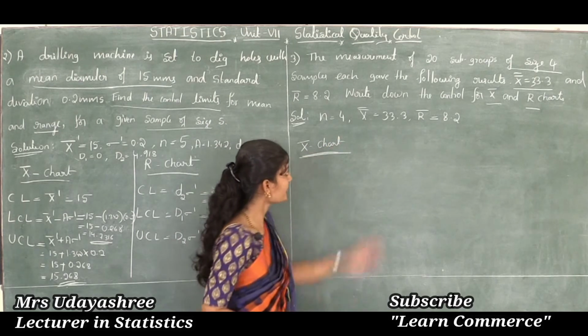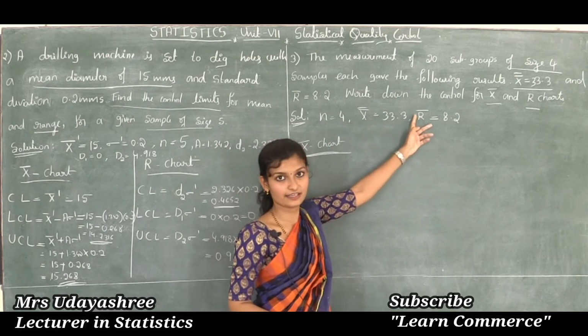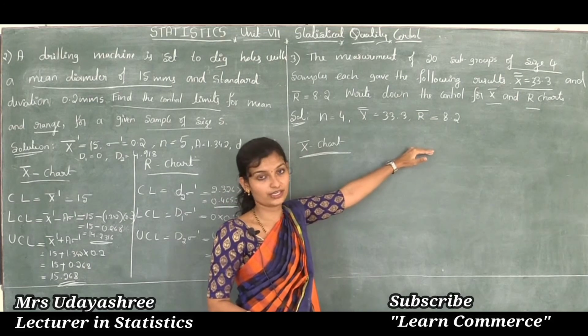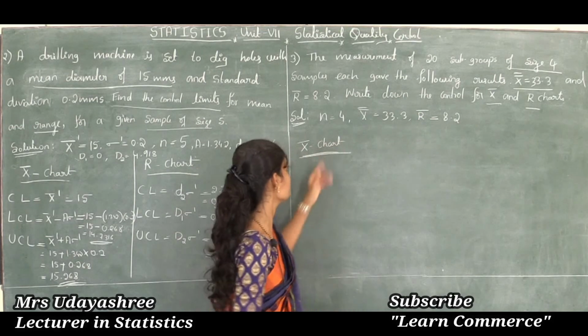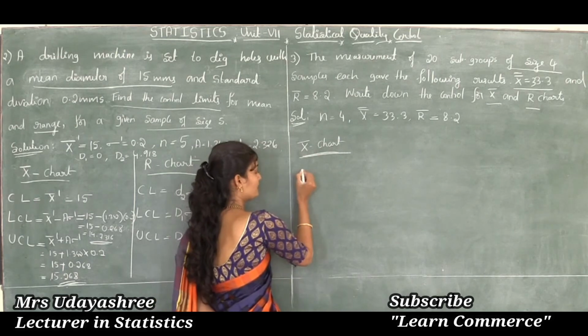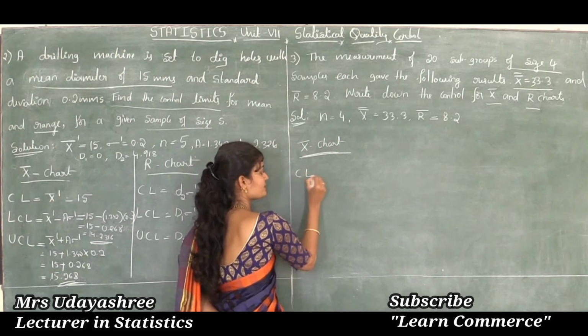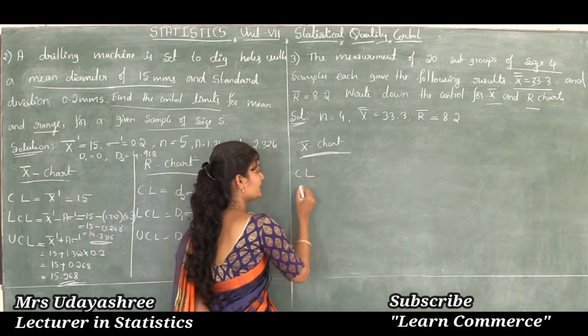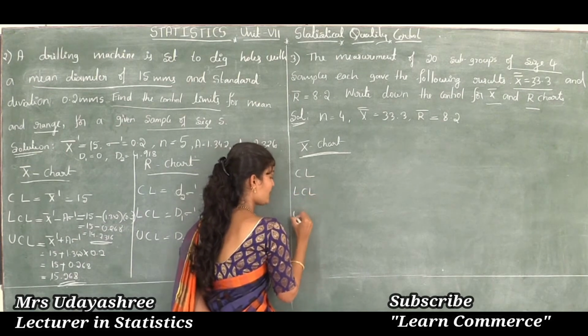See here, X double bar and R bar are given, which means this is the standard unknown case. In the standard unknown case the X bar chart control limits are like this. The control limits are the central limit, lower control limit and upper control limit.